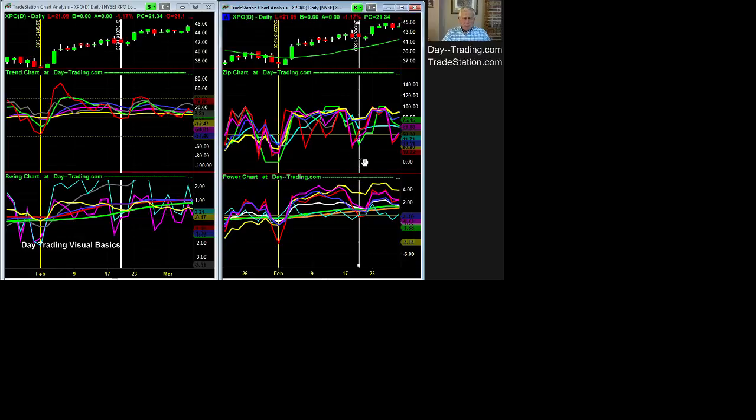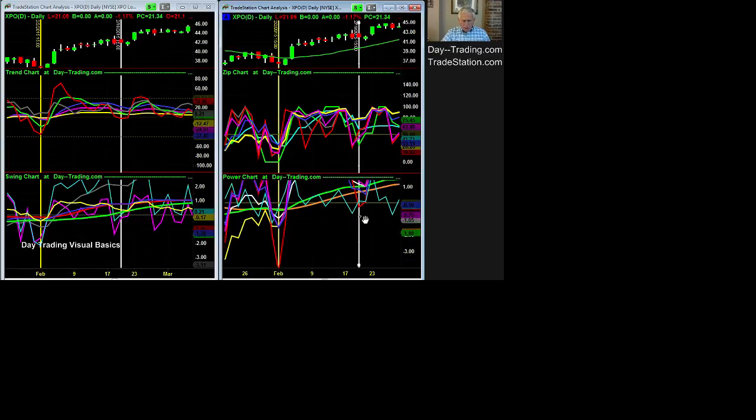And it works best, you get a nicer climb if you have the green above the red. A lot of times they're pretty close in value. But the next day after the white vertical line, you can see we have a small green candle, and that's very typical of what happens when you have what happened down here in the power red.